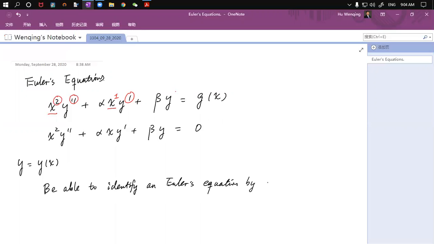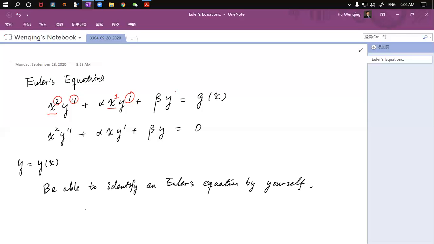As you have seen on the exams, sometimes you're not going to be told which method you should use in order to solve a certain problem. So in general, you have to be able to identify an Euler's equation by yourself. That's a very important thing.